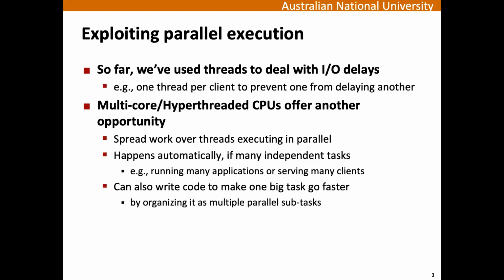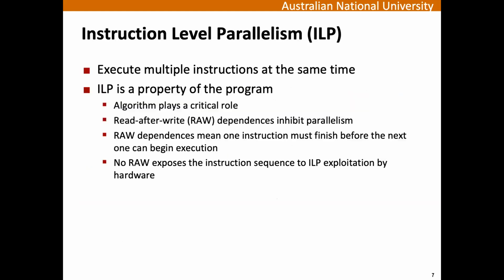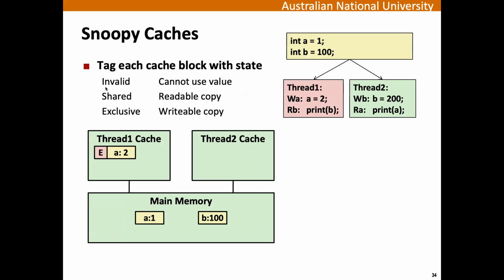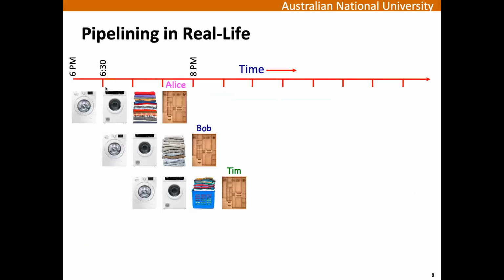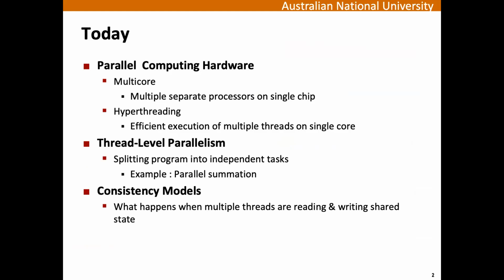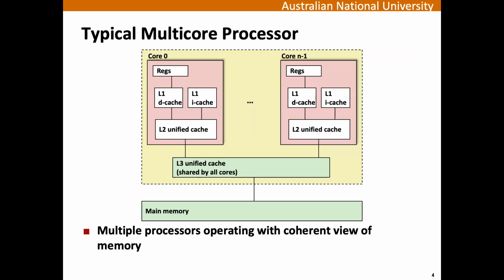So I want to talk a little bit about the underlying hardware. At a high level, any processor that you buy today is most likely a multi-core processor. Even your mobile phone has processors that have many cores.